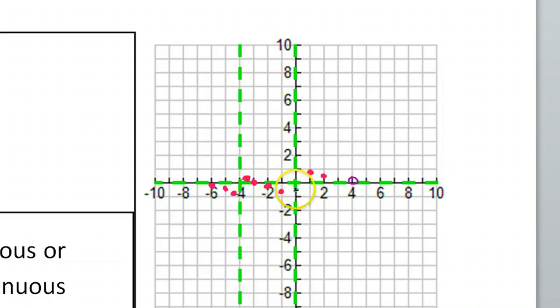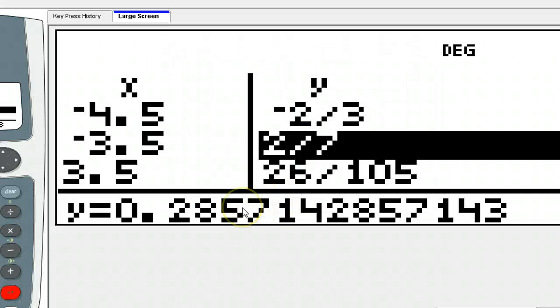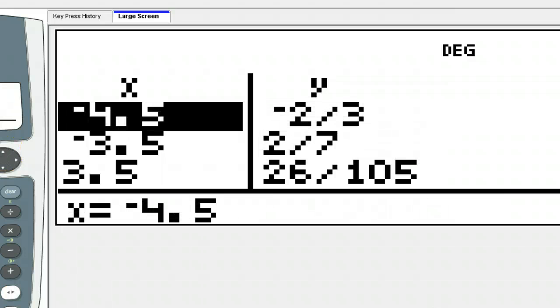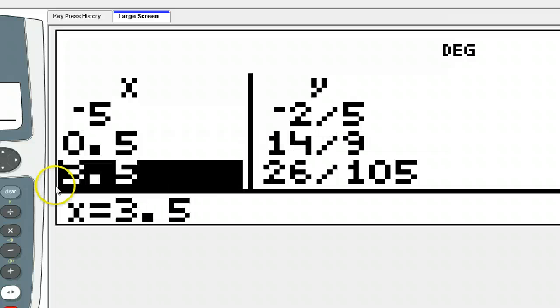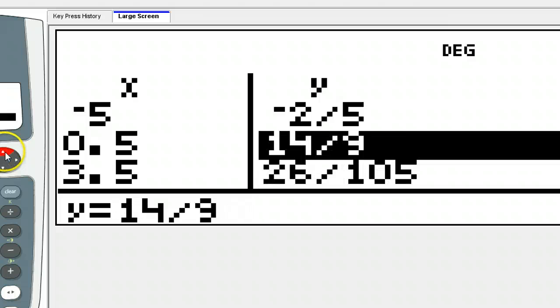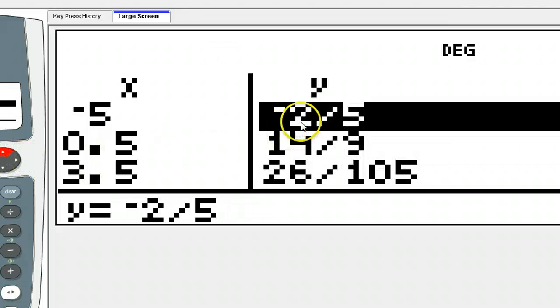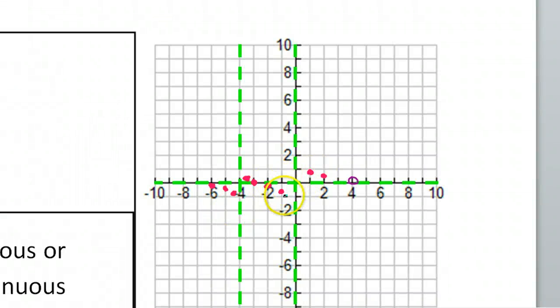Okay, now let's look at negative 0.5 and positive 0.5. Alright, so negative 0.5 and positive 0.5. Okay, at negative 0.5 I have negative 2/5. Okay, that's like negative half a square. That's weird.